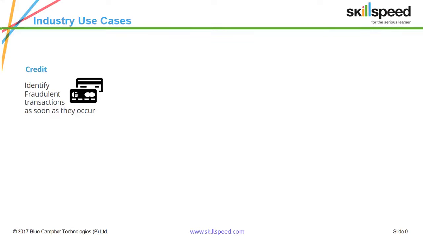The idea here is that you will be getting millions of transactions in a small amount of time, and the vital point is that the system should be able to analyze all this data in real time and then make a decision.